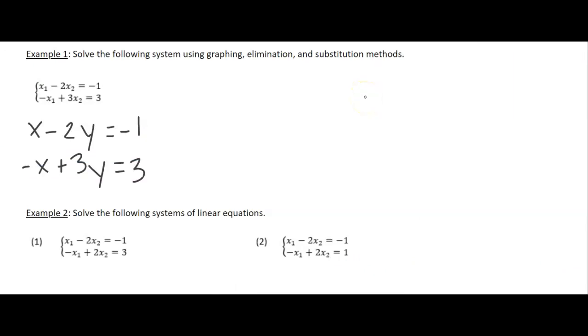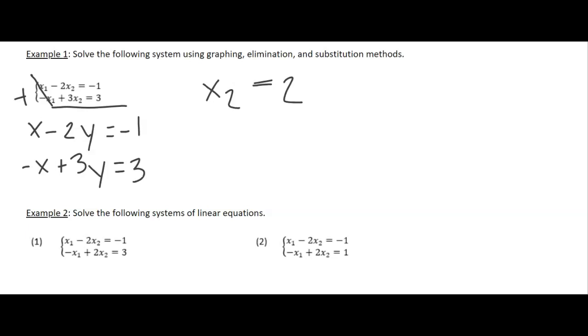Our elimination method is when you have the same number in front of the same variable, but one's positive and one is negative. So essentially I'm going to be adding these two equations with each other, and because I have x1 and a -x1, when I add those two, they cancel out or they become eliminated. So when I go ahead and add the rest of these, I end up getting that -2x2 plus 3x2, so 1x2 must be equal to -1 plus 3, must be equal to 2.